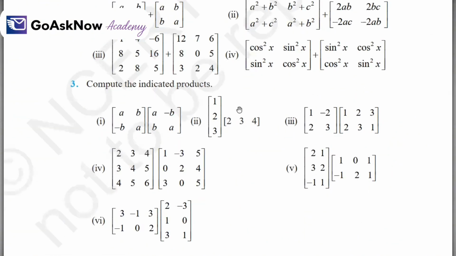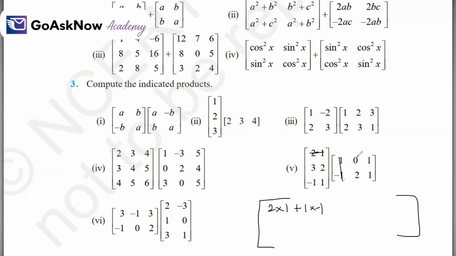Now the third question is asking to compute the indicated products. You have to find the matrix multiplication here. So I will do the fifth part for you, and the rest you can do by yourself. So yeah, let's do this. For the fifth one, you will get 2, 1 multiplied by this: 2 into 1 plus 1 into minus 1.